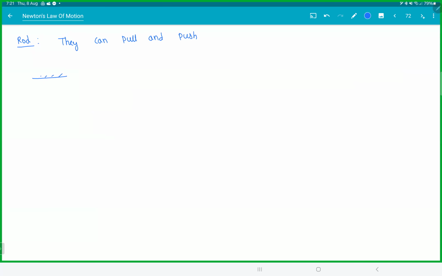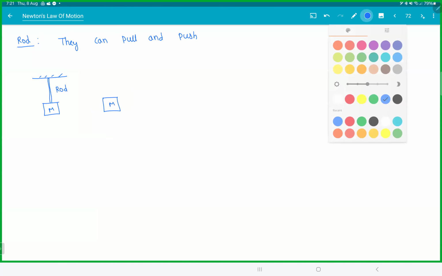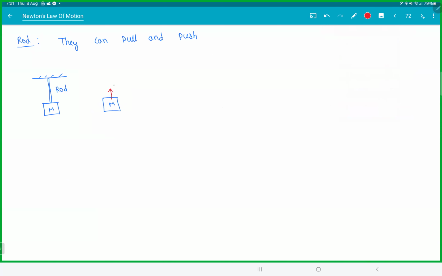Meaning, if you take a rod here with a block M, if you look at the forces, the rod pulls, and Mg is acting down.